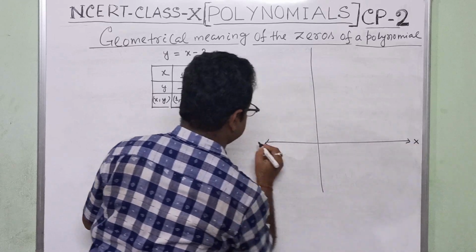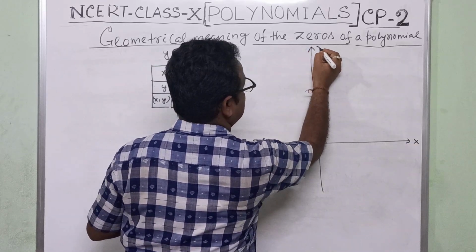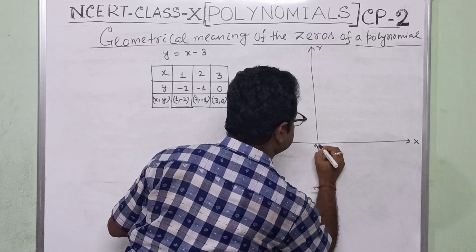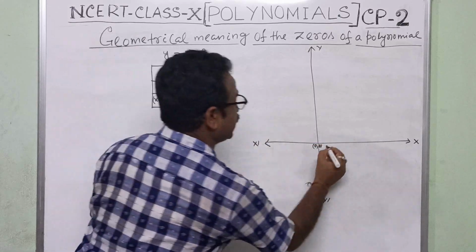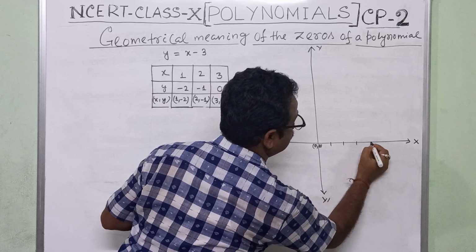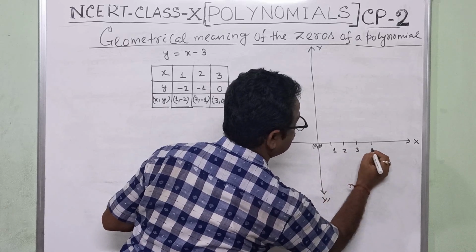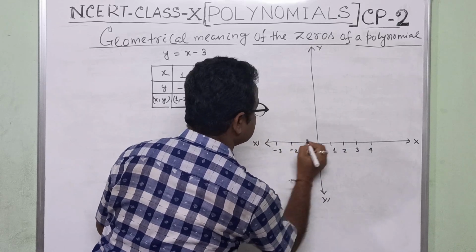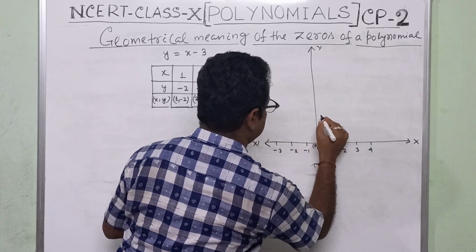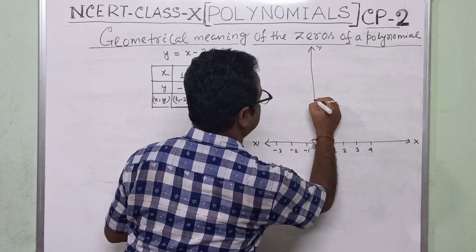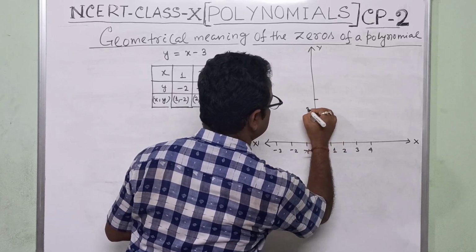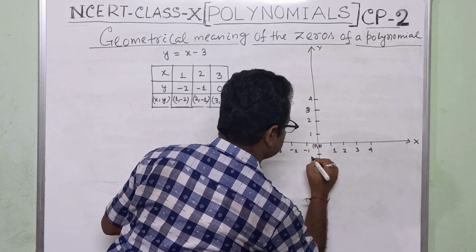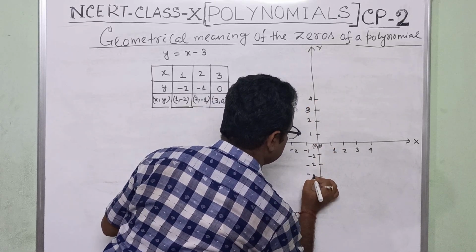This is not up to scale, it is a rough drawing. I mark 1, 2, 3, 4 and minus 1, minus 2, minus 3 on the axes.